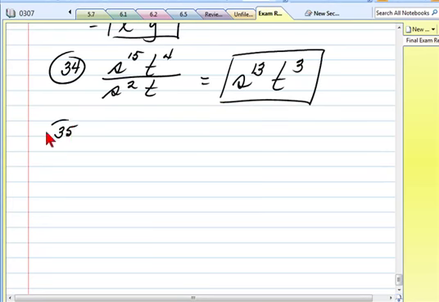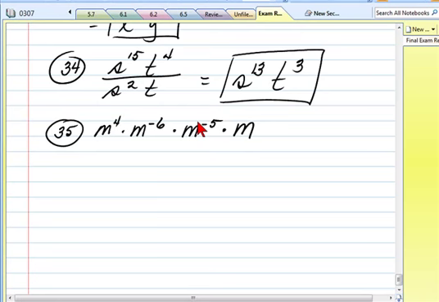35. I have m to the 4th times m to the negative 6 times m to the negative 5 times m. I'm going to use the rule. I know that we probably all see these negative exponents, and you're thinking, oh, move me. My personal view is, wait, don't move me yet. Can't you combine them? Yes, let's combine them all.